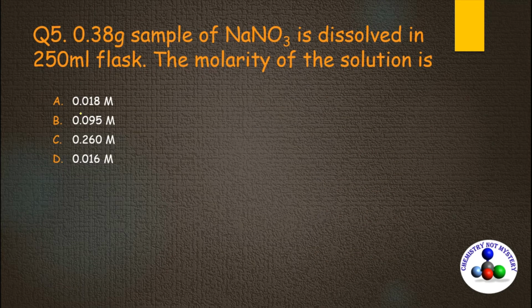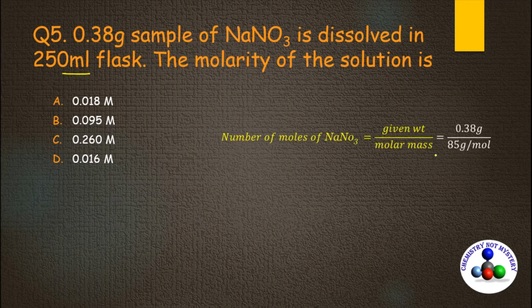0.38 grams sample of NaNO3 is dissolved in 250 ml flask. The molarity of the solution is. Options are given below. Here, first calculate the number of moles of the solute. For that, you have to calculate the molar mass of NaNO3.